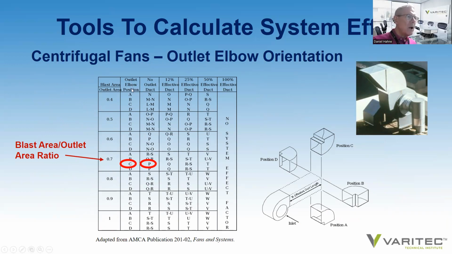Let's look at the outlet elbow position. We've assigned it position C. We've noticed that there's no duct work beyond the transition, so no outlet duct.